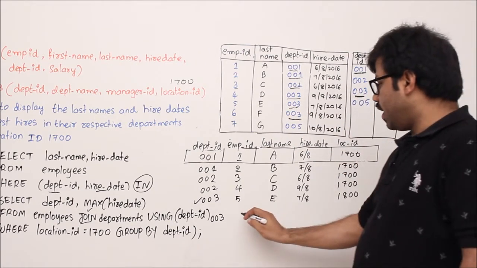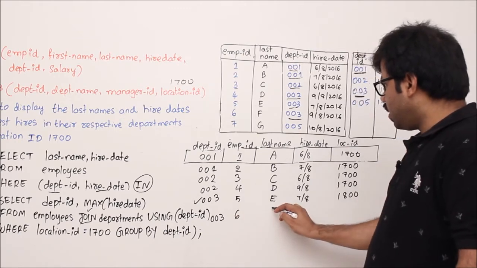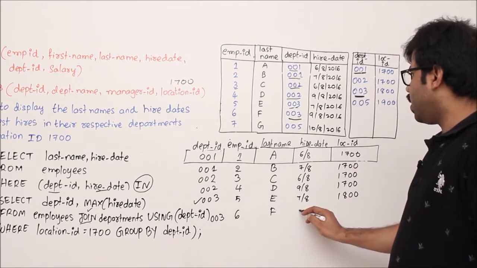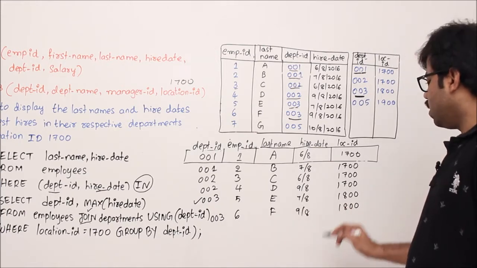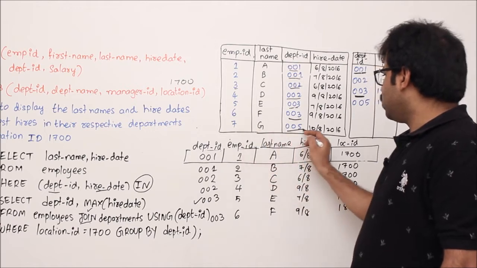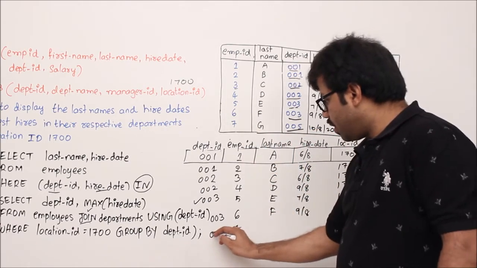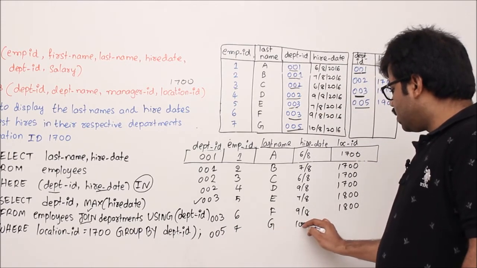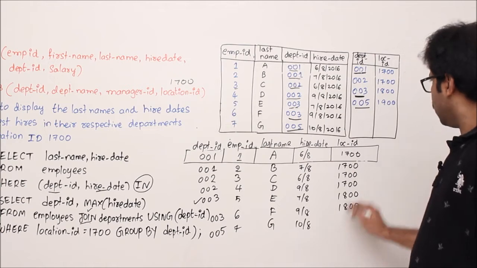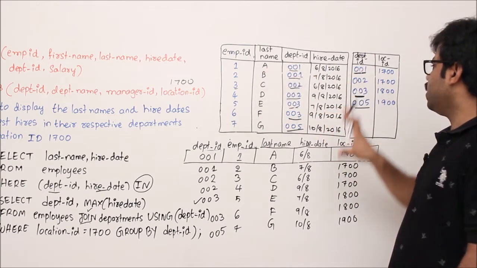Employee ID is 6, last name is F. The hire date of F is 9, 8. The location is 1800. Then this 005 maps with 005, the last one, 7. The name is G, and the hire date is 10, 8. Then this is 1900. In that way, all these tuples will be joined.